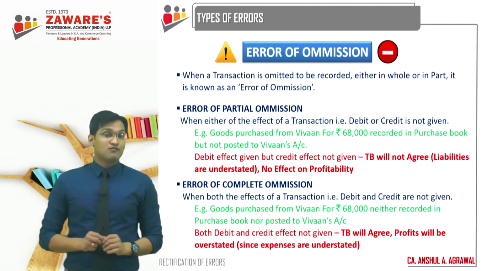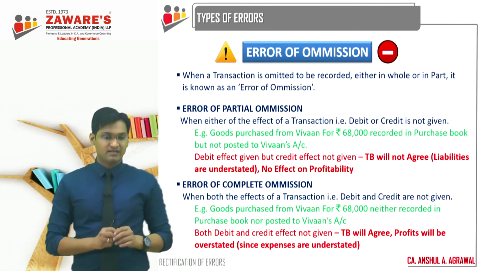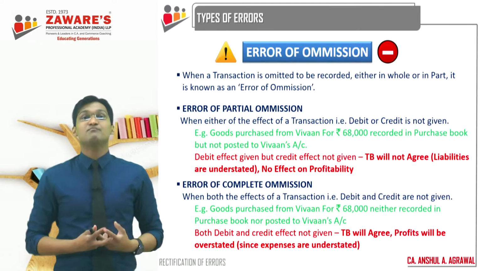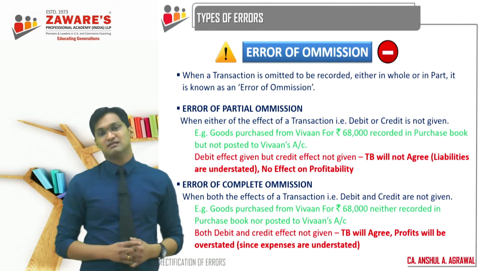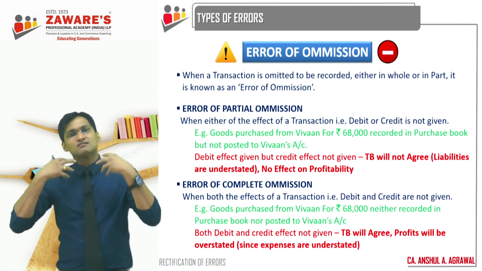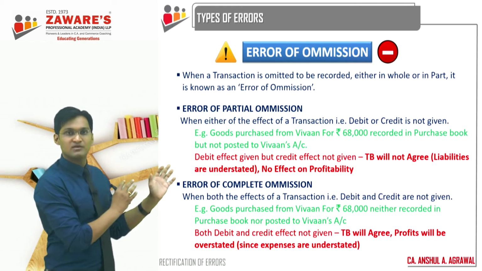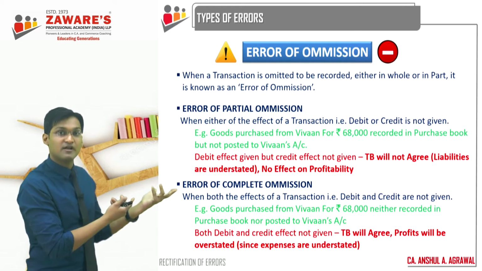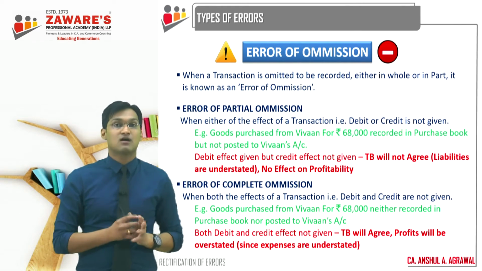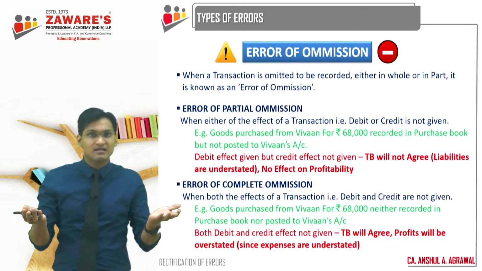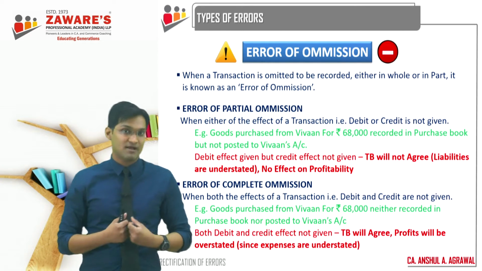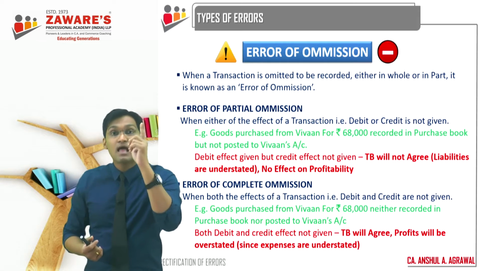Goods purchased from Vivan for rupees 68,000 neither recorded in purchase book nor recorded in Vivan's account. Now understand, this transaction is completely omitted. You have neither recorded in purchase book, that means purchase account is not debited, nor recorded in Vivan's account. So nothing debited, nothing credited, there won't be any difference in trial balance. Your trial balance will agree.